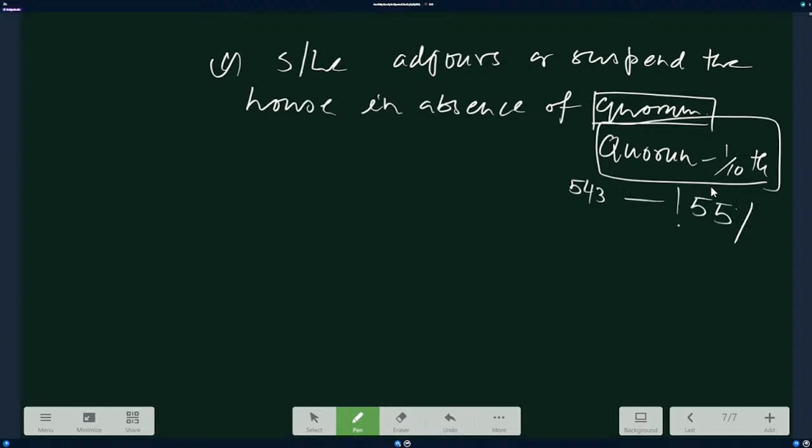If there are only 55 members present in the Lok Sabha, then the House can be initiated. The House can initiate any work, any debate, passing of a bill, any normal functioning of the House, if quorum is present. Next point you write, the speaker does not vote on the first instance.